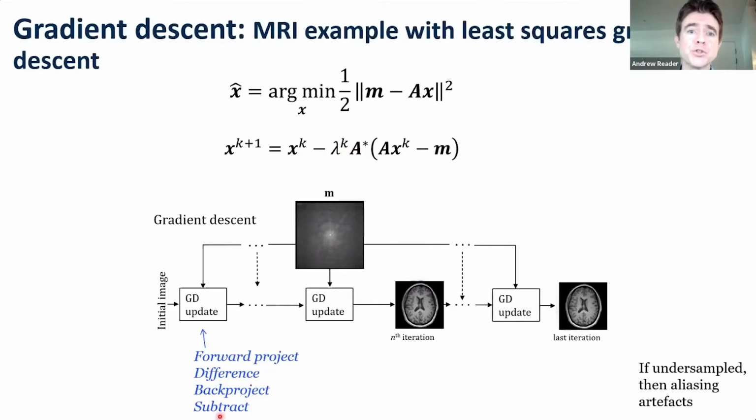And then you just subtract that from your image to get the next update. So very elementary algorithm. And of course, if the system model is not unitary, if it's undersampled k-space data, then in general here you'd actually get aliasing artifacts, some kind of wraparound effects due to the undersampling.